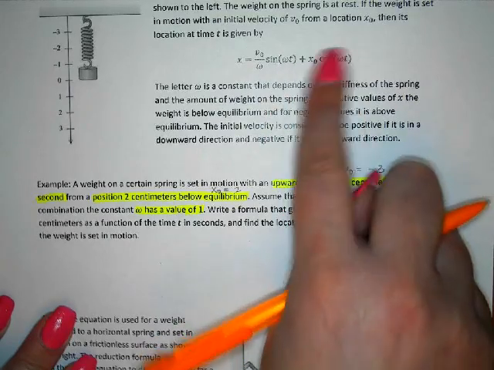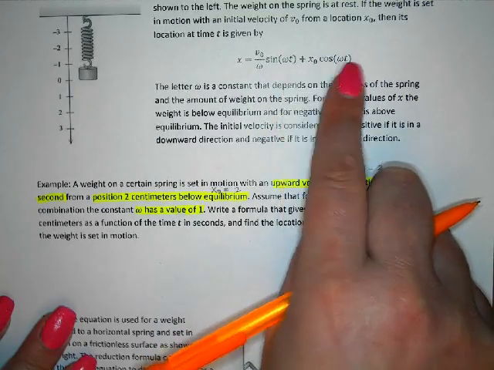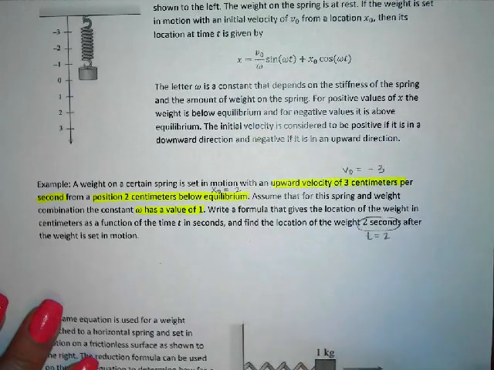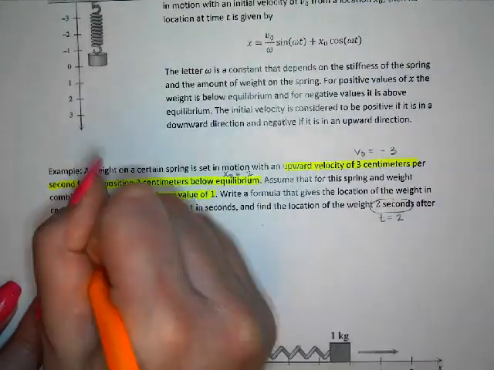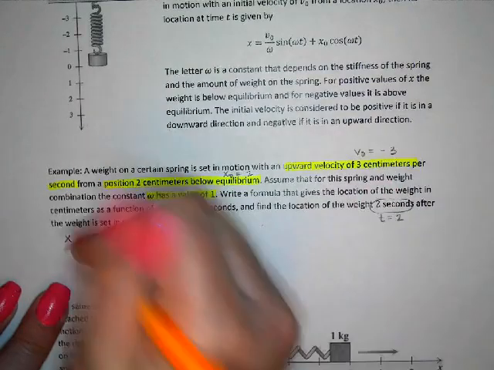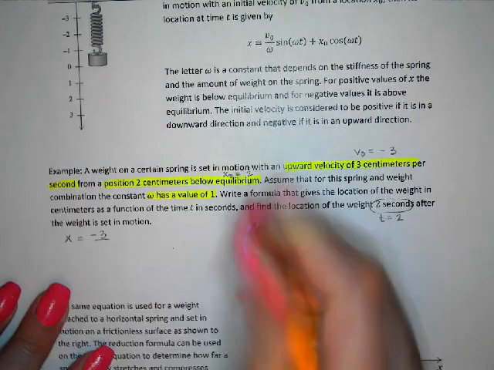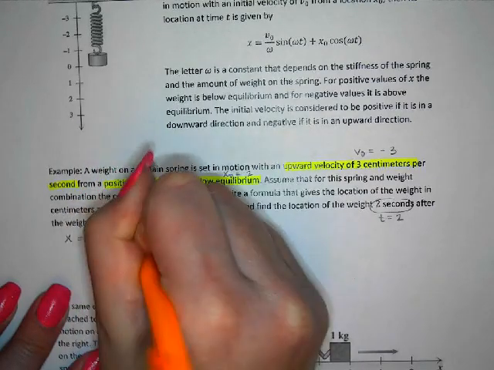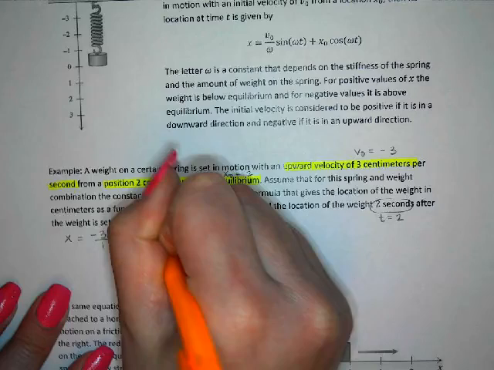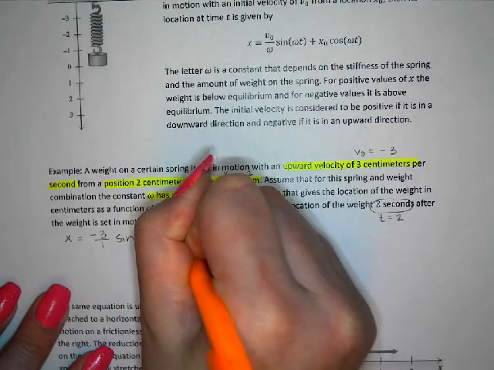We get x equals -3 over omega, which was 1, sine of omega times t, plus x sub 0, so that's 2 cos of omega times t.